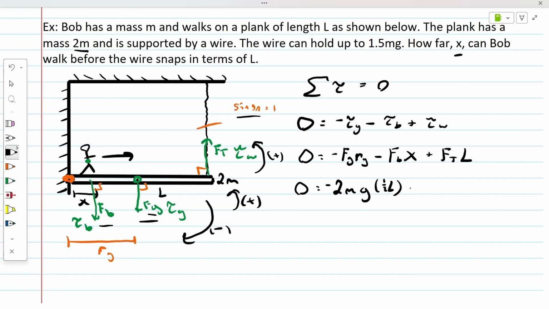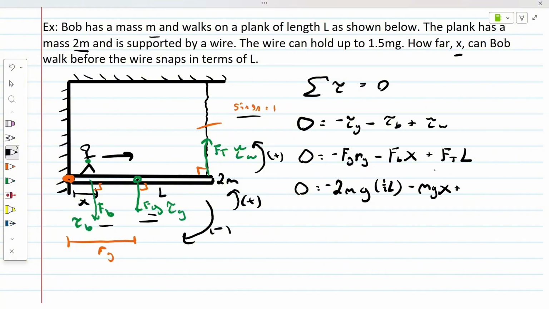Okay? And now this force of the beam, or force of Bob, is just a force due to gravity as well, because Bob is just causing a gravitational force, and we know the force due to gravity of Bob is mass times gravity, and Bob has a mass of m, so that'll just be mass times gravity, and then x, since that's what we already have, and the force due to tension.